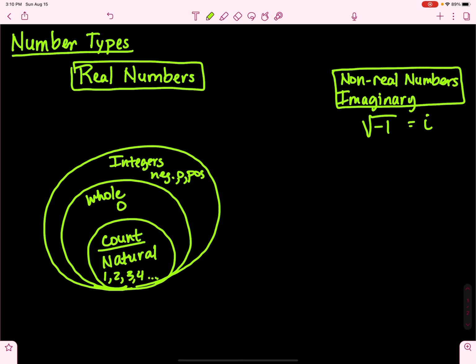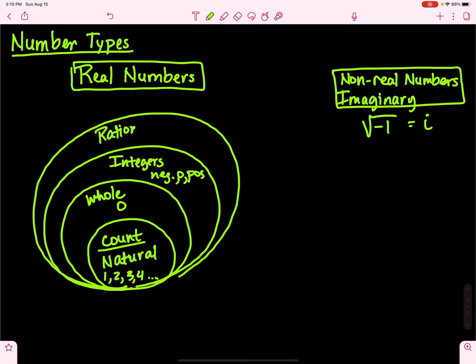And then, of course, we have our rational numbers. Rational numbers are necessary to include our fractions. Okay, things that can be written like 3/2, they can be written as a numerator and a denominator other than 1. Okay, fractions, all that fun stuff.